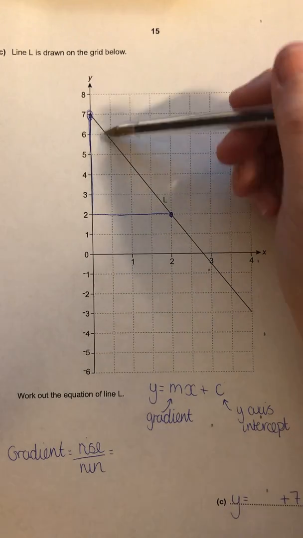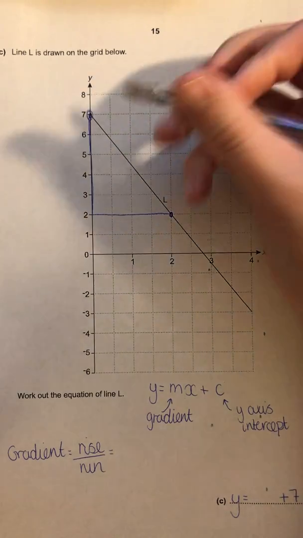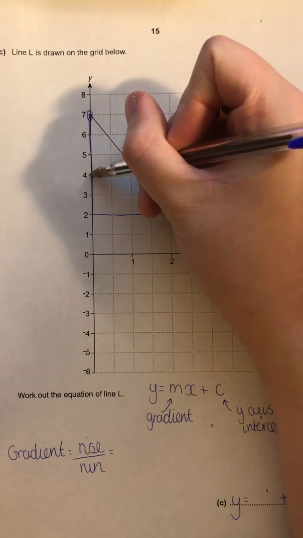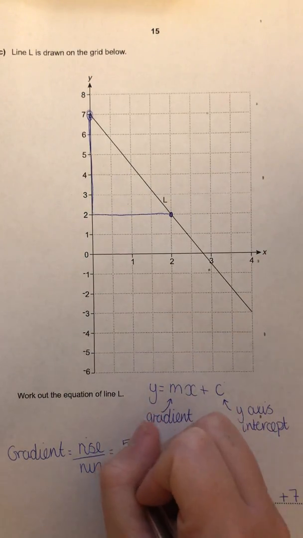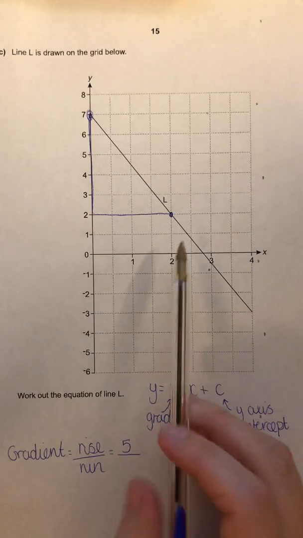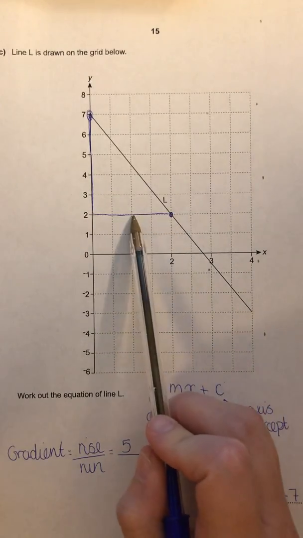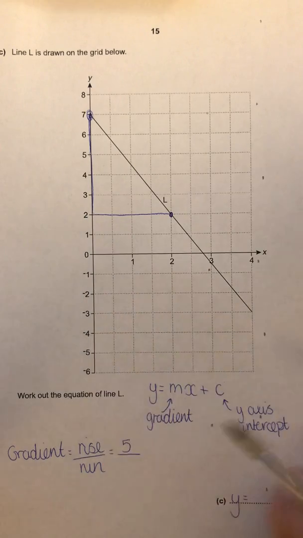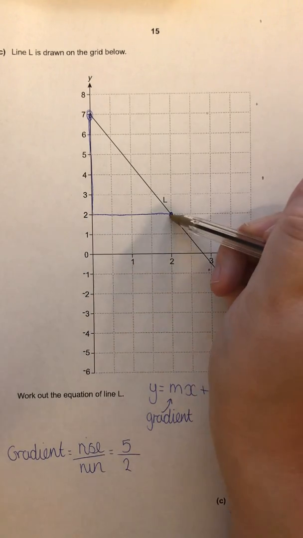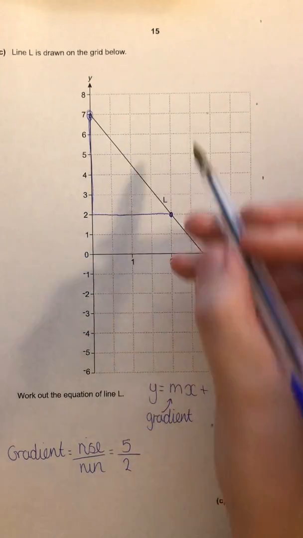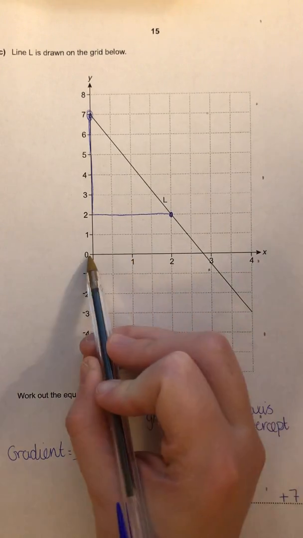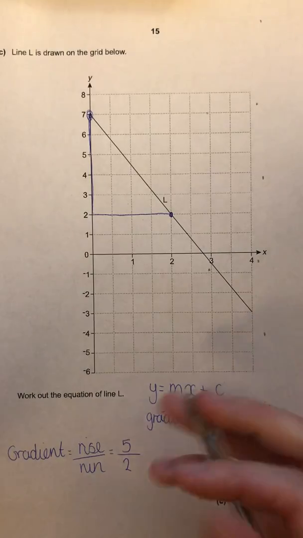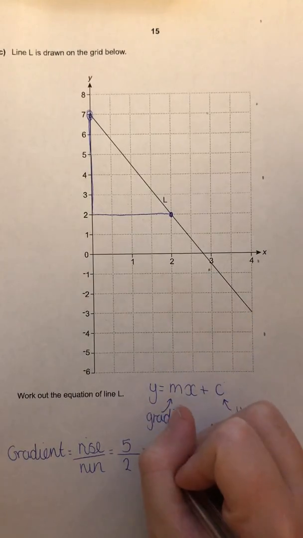So how many squares have I gone up on my triangle? I've gone up 1, 2, 3, 4, 5. So 5 goes on the top. And the run, now be careful here, you've gone across 4 squares, but on the scale, you've gone across 2. Now 5 divided by 2 is 2.5.